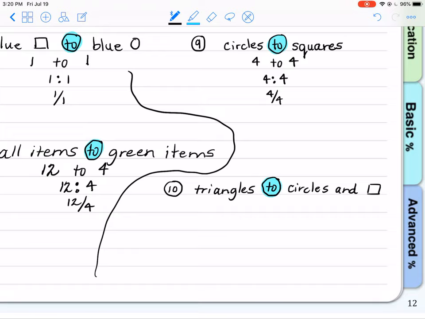Triangles, I can look at that, count those up. There are 4 of them. Circles, there are 4. Squares, there are 4. And the word and means addition in math. It can mean multiply, but usually it's addition. So we are looking for an answer of 4 to 8, or 4 to 8, or 4 to 8.